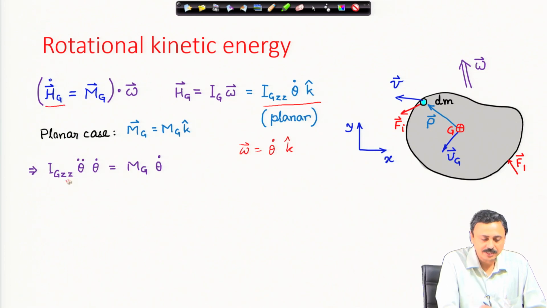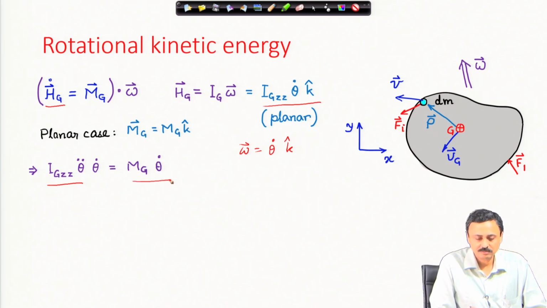On the left hand side, therefore, I have this theta double dot k cap dot theta dot k cap, that gives me this product, and on the right hand side I have m g vector dot omega, which turns out to be this with these expressions.